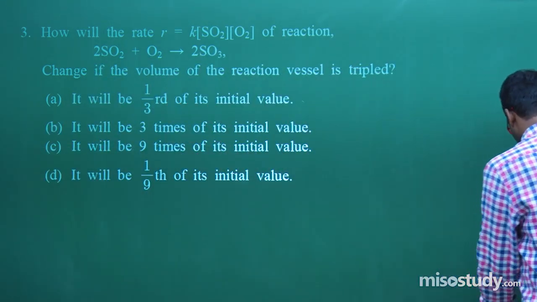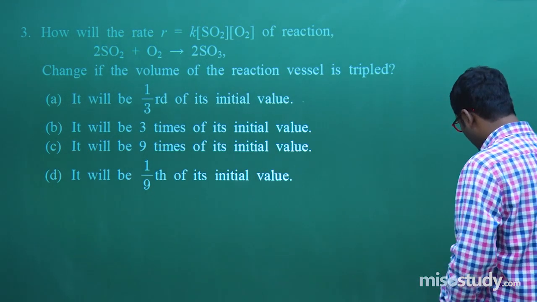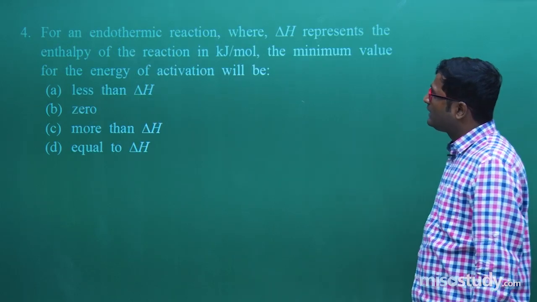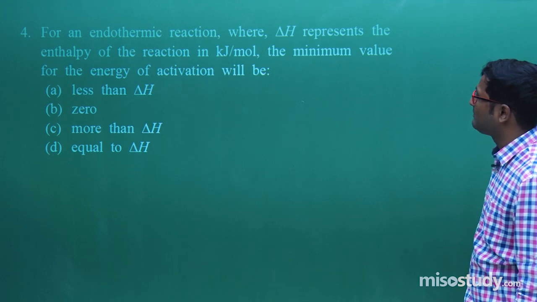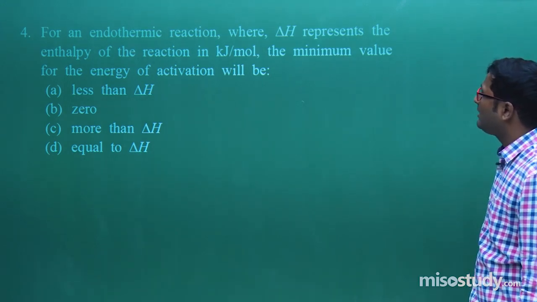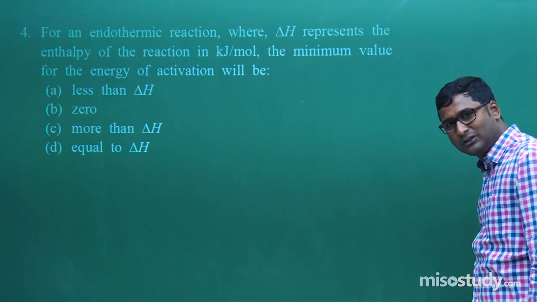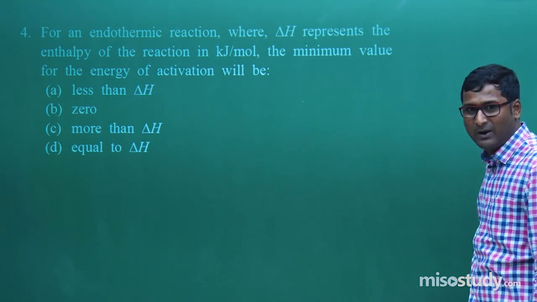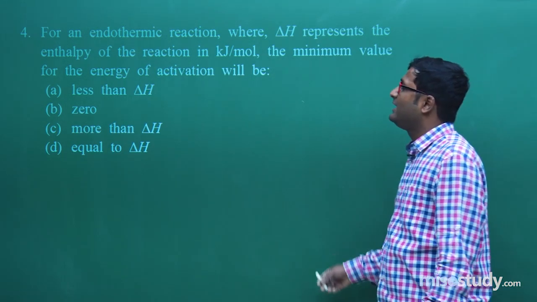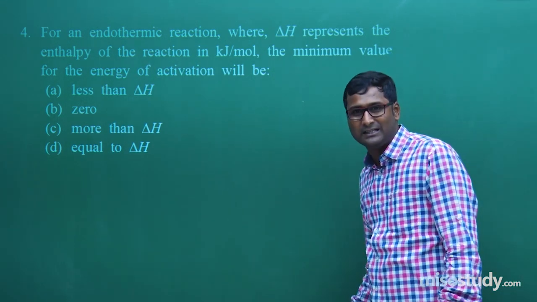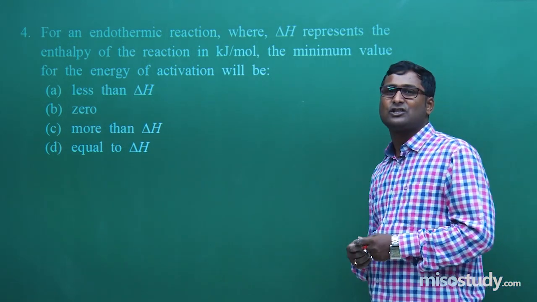Now wait friends. Now let's move to the next question. What will happen? Check it out. For an endothermic reaction where delta H represents the enthalpy, the minimum value for the energy of activation, that is, for the endothermic reaction the heat is required, and for minimum value definitely it will be more than the value of delta H, because this is the minimum amount of energy with which the reaction proceeds.